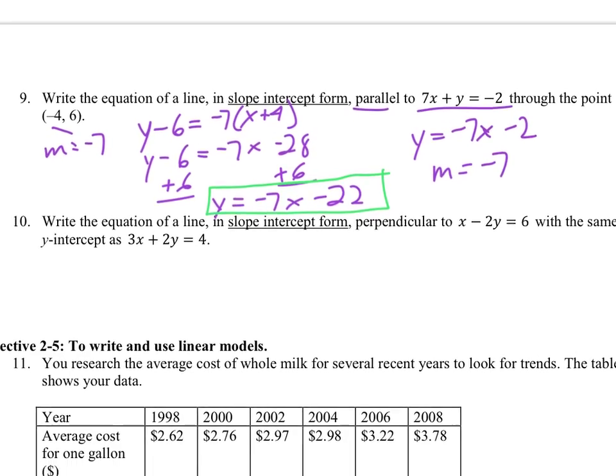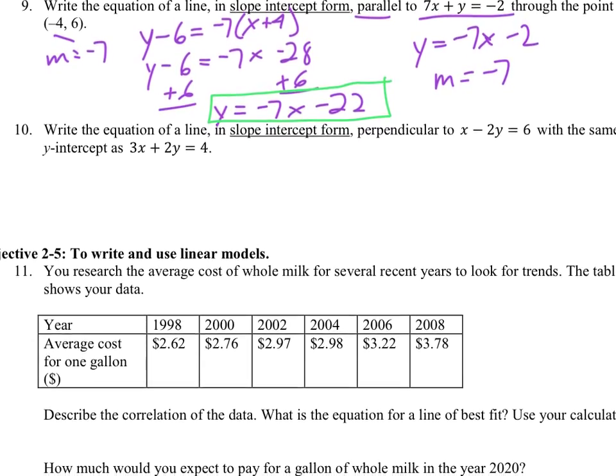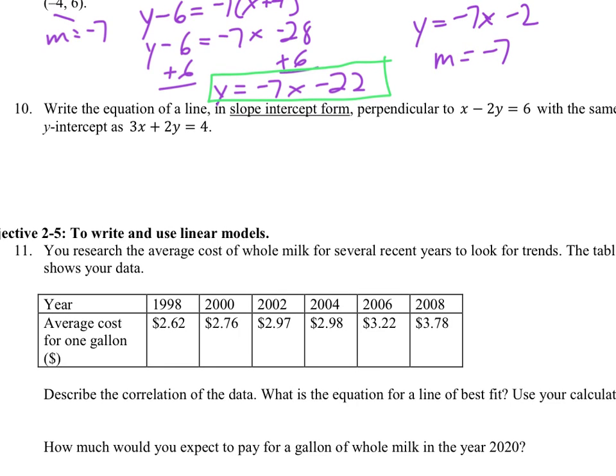Number 10, same sort of question. Notice the big difference though. Now we're talking perpendicular to. So we still need to find the slope of that line. So we would subtract the x from both sides, get negative 2y equals negative x plus 6, and then divide everything by this negative 2, so we get a positive 1/2 x minus 3.